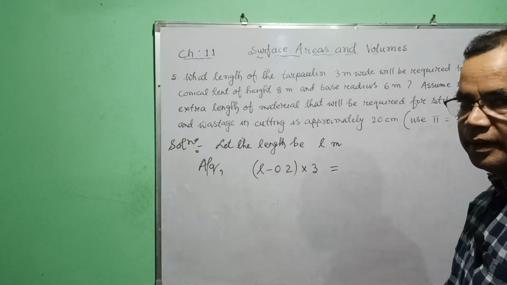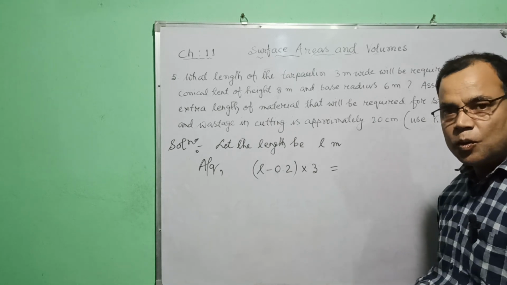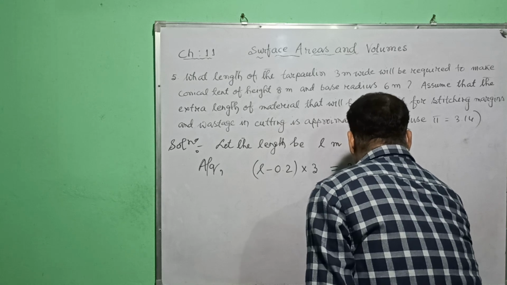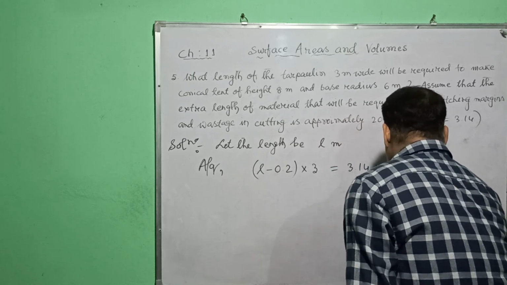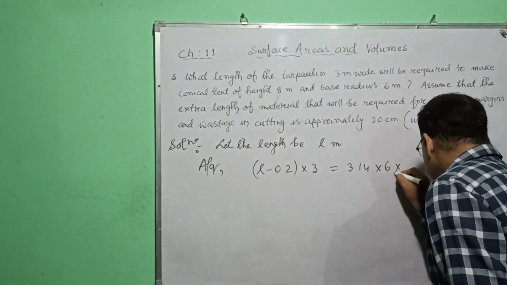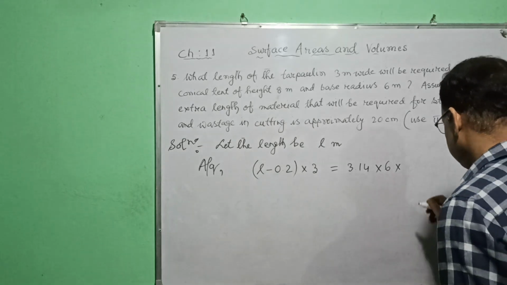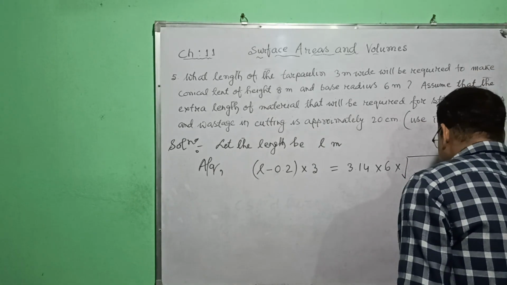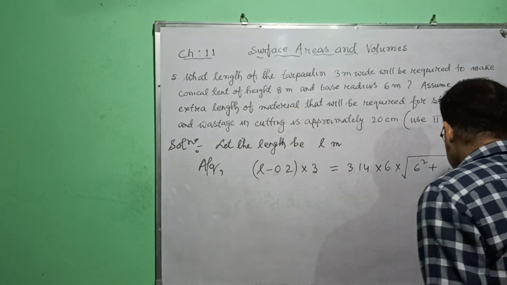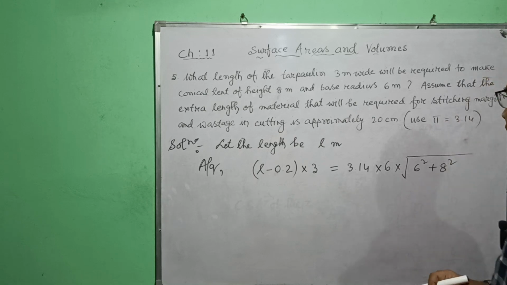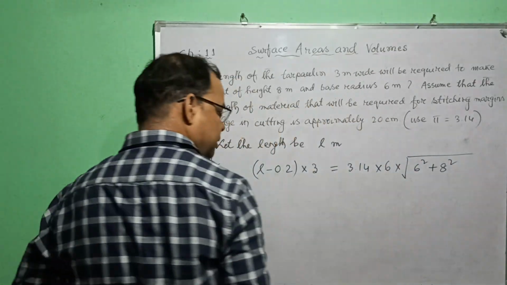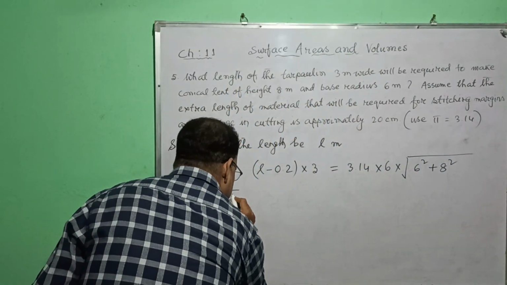Now we'll write the area in terms of the cone, pi r L. Pi is given as 3.14, into r, which is given as 6, and the slant height is not given directly, so we write it in this form: square root of r square plus h square, where h is given as 8, so it is 8 square. So this is the equation. From this equation, by solving, we can find L. So let us solve it.